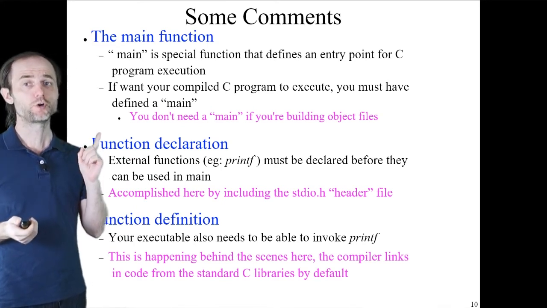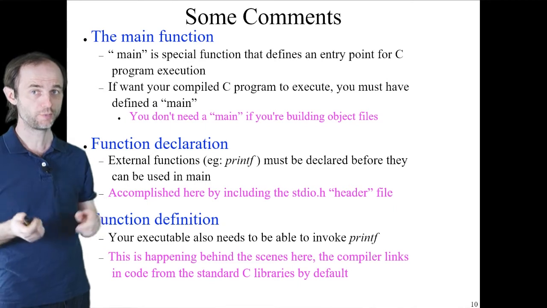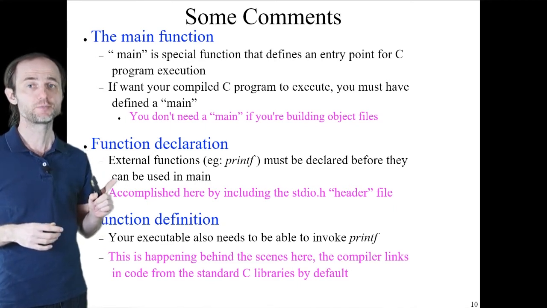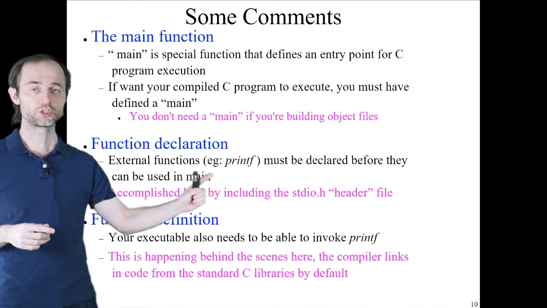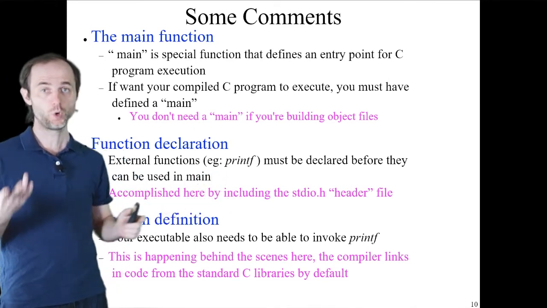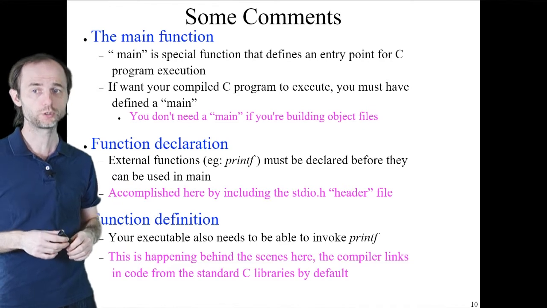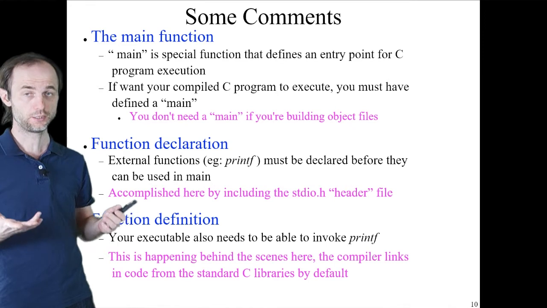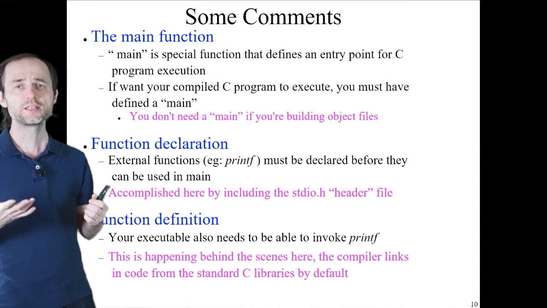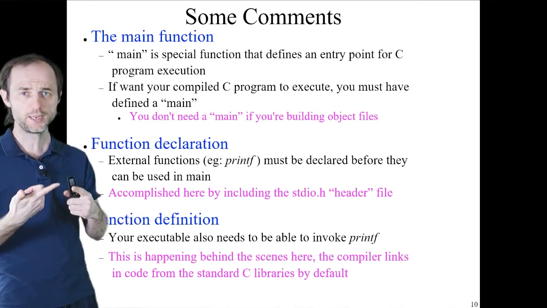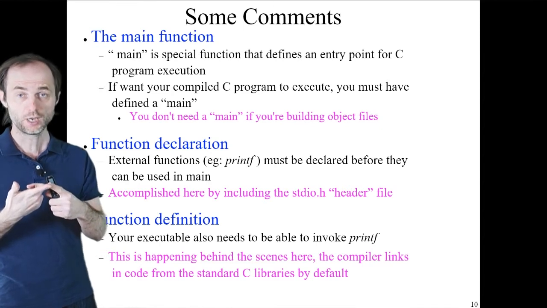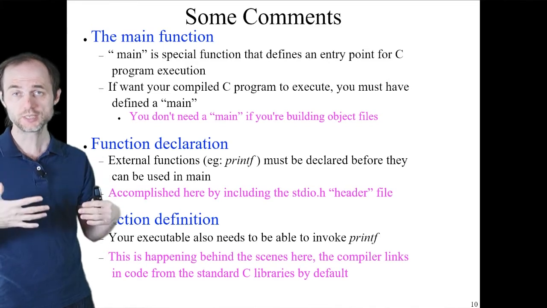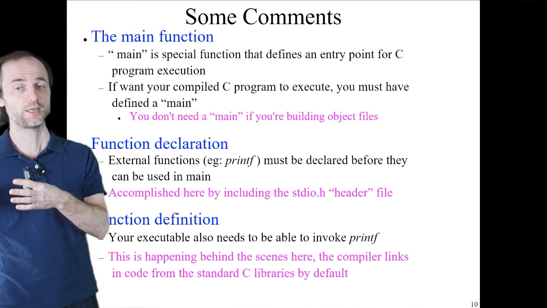There was also function declaration present, although it mightn't have been apparent when you looked at it first. And that's because external functions, such as printf function, the one that we use to print the string hello world, have to be declared before they can be used in your program. And that is because the compiler needs to know, A, what is the syntax of the function, what arguments it takes, and what it returns.